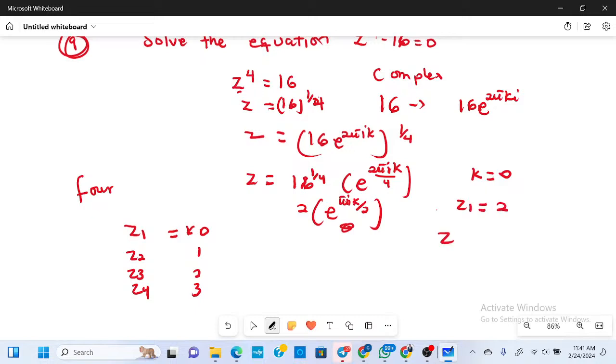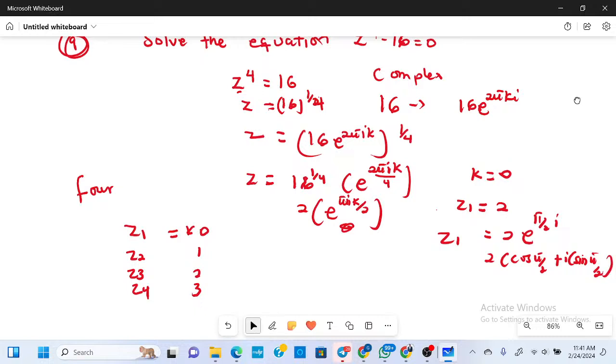When k is 1, I'm going to have 2 multiplying e to the power pi on 2 i, which is also the same as 2 open brackets cosine of pi on 2 plus i sine of pi on 2. And that's the second root of the equation.